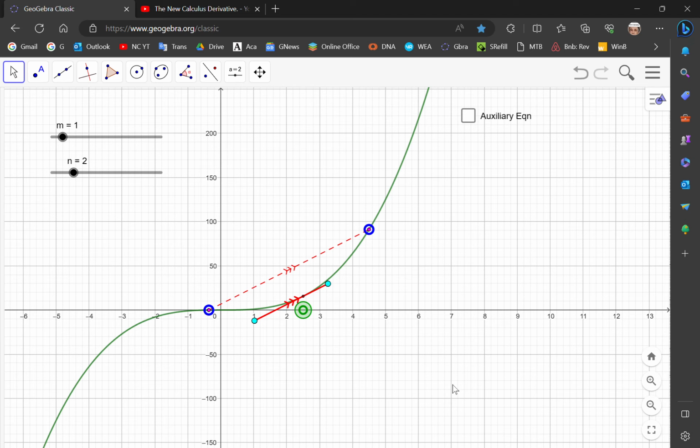That means it has a fixed number of terms, which can vary according to the number of derivatives that can be taken. So it's a very interesting theorem, and it uses the new calculus derivative, meaning that you cannot use it in any other way unless you use new calculus definitions.